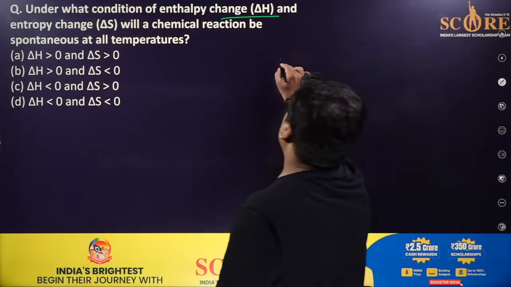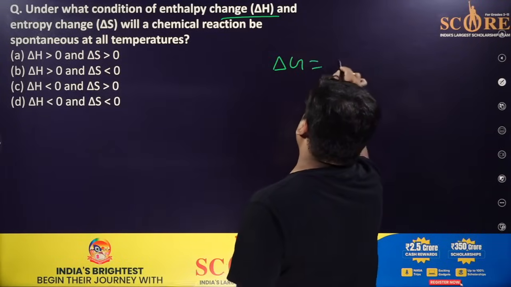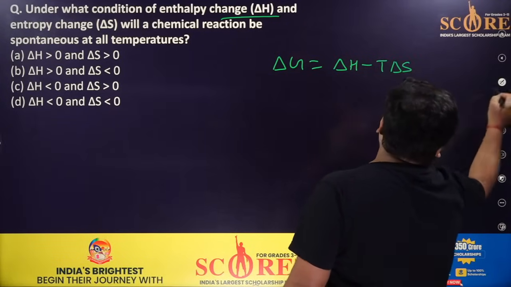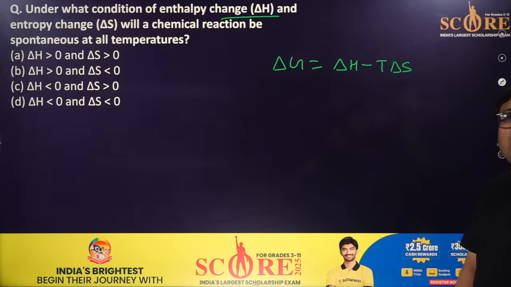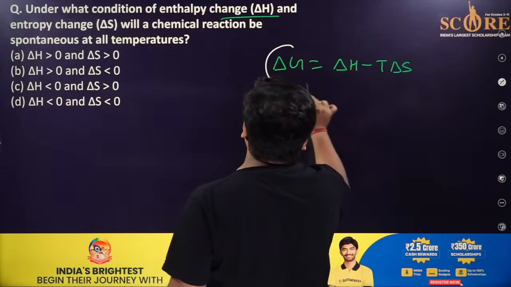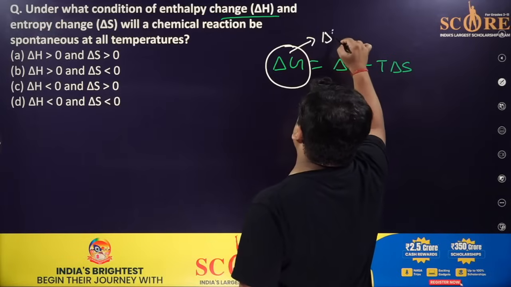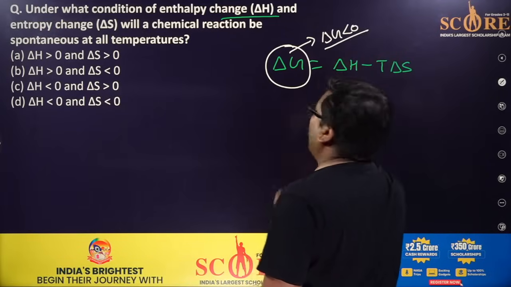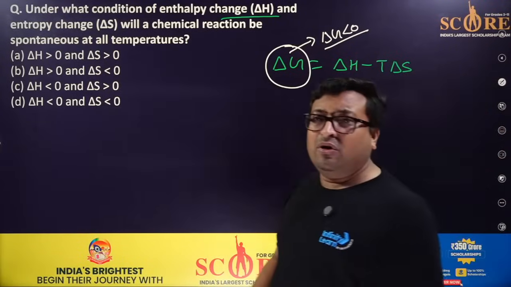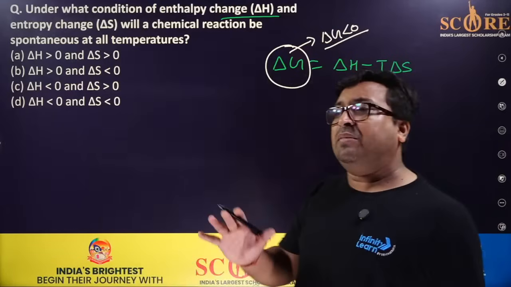So my dear friends, this is delta G equal to delta H minus T delta S. For any spontaneous process, delta G should always be less than 0, or negative. This should be the prime condition.